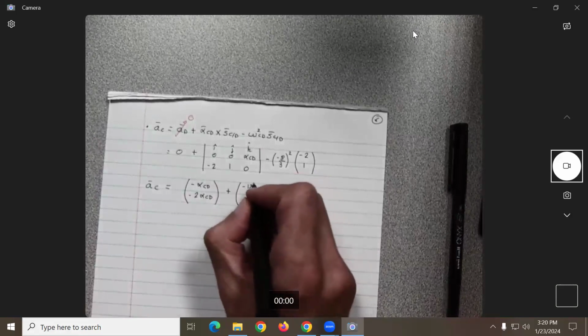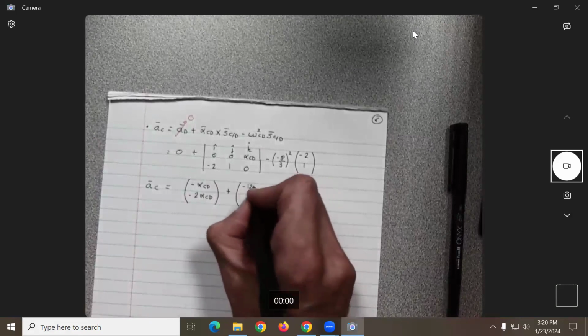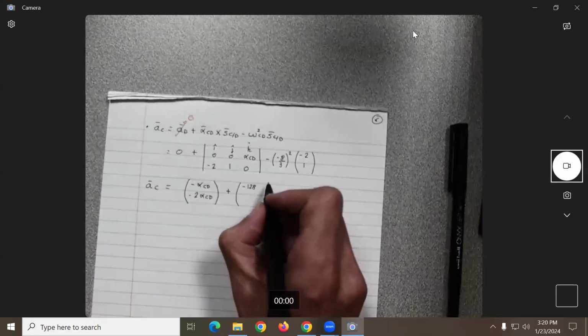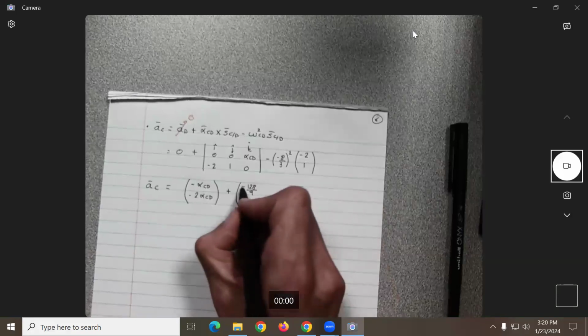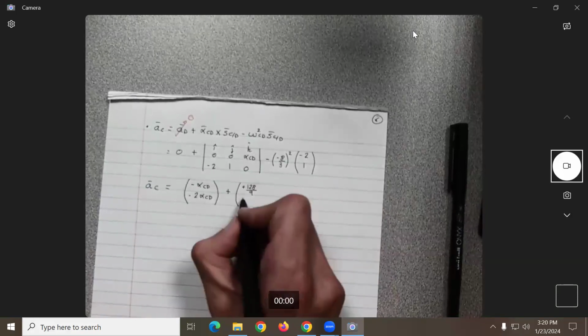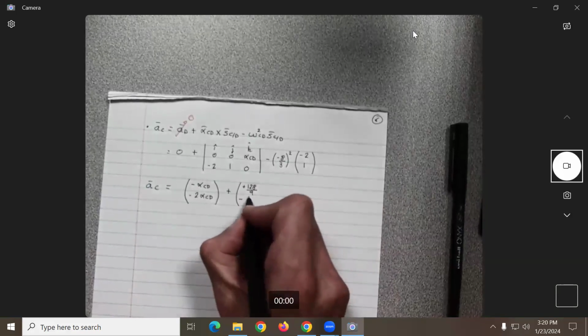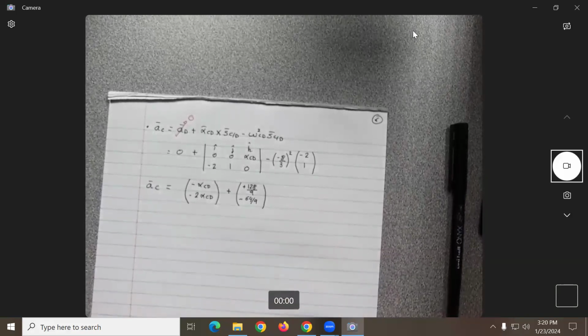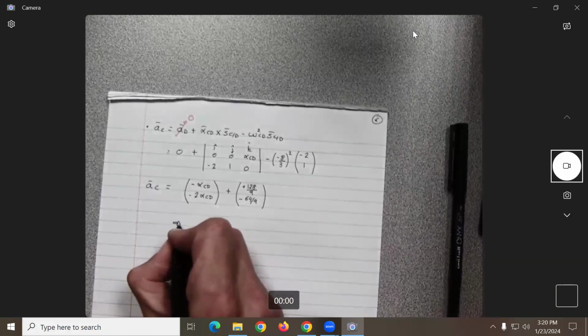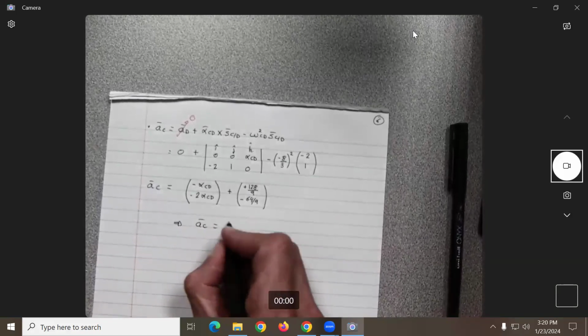What was this one? 64. So minus 128 over 9. Positive. Yes, positive, correct. And this one would be the negative, minus 64 over 9.